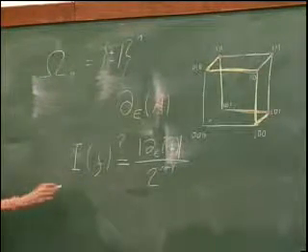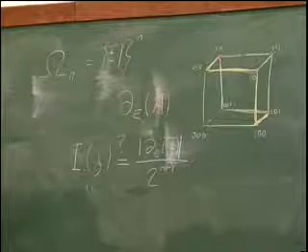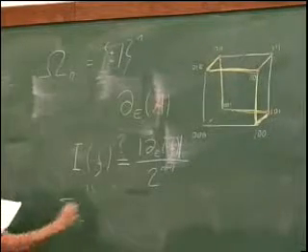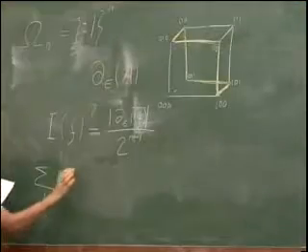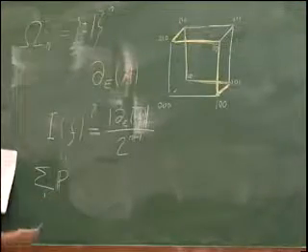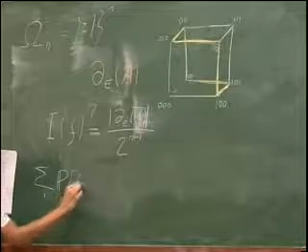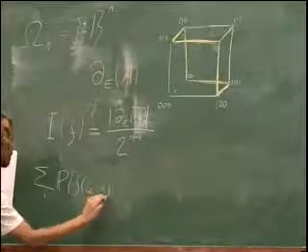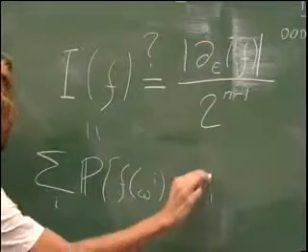Well, in fact, the total influence is, by definition, the sum over all the bits i of the probability that f of omega^i is not equal to f of omega.